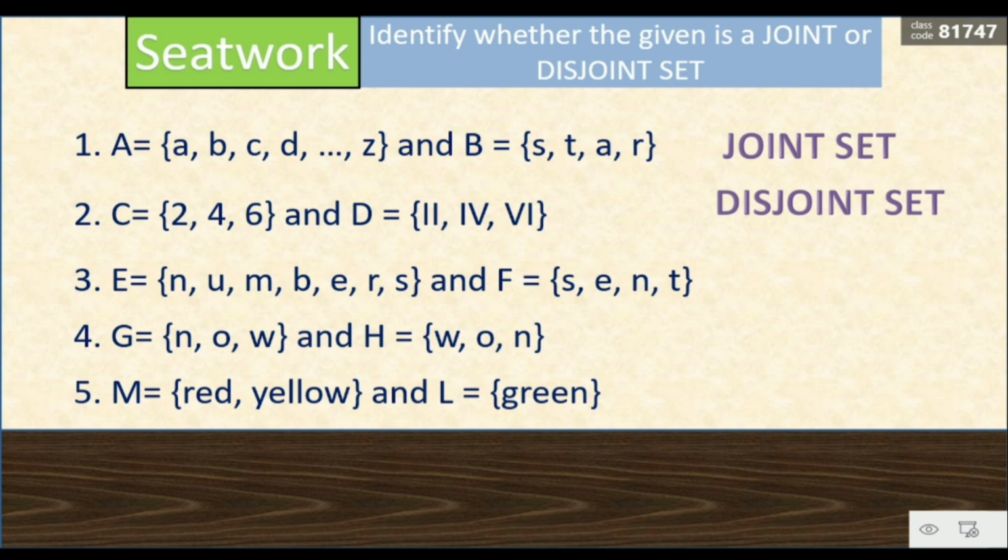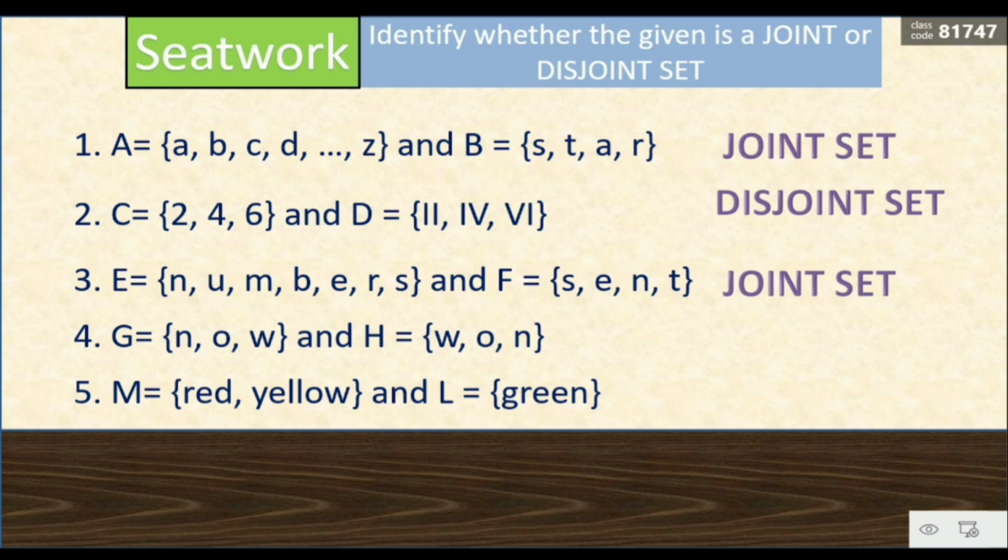Number 3, we have set E contains the elements N, U, M, B, E, R, and S, and set F contains the elements S, E, N, P. The answer here is joint set.